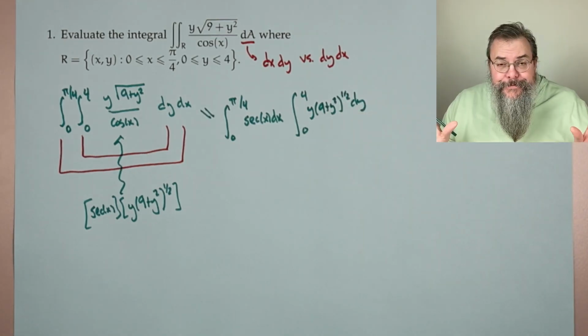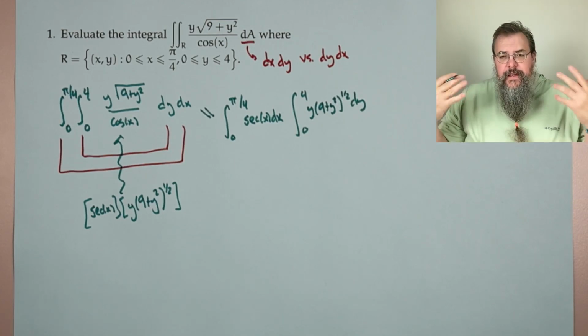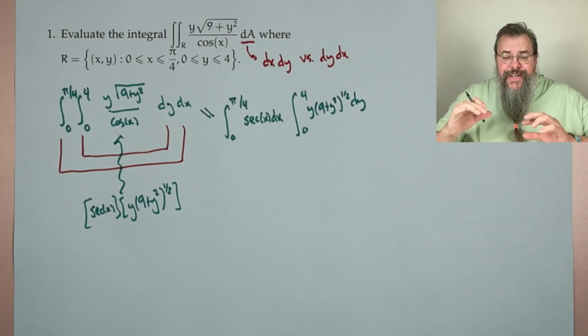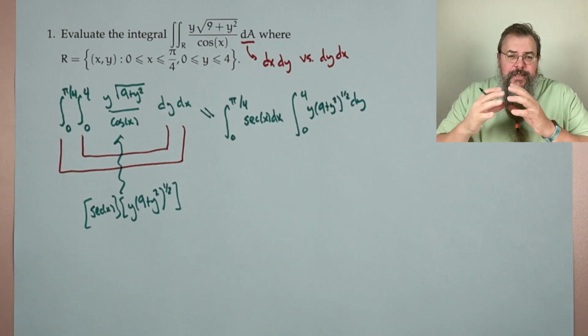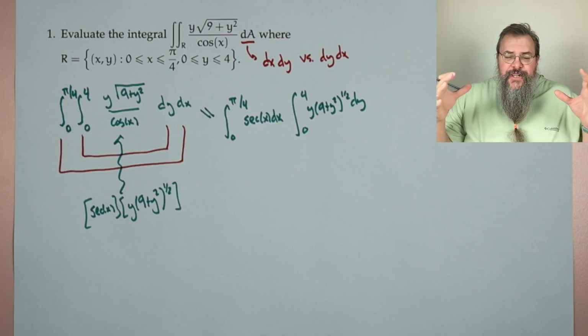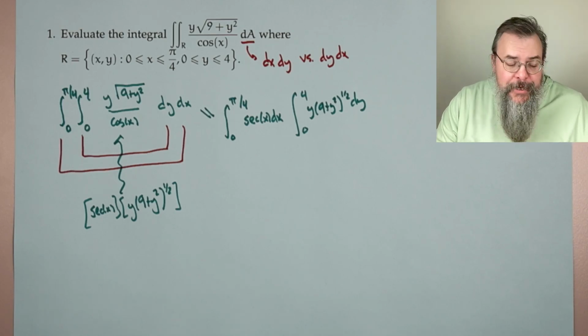You don't have to. You'll get the same answer if you just do one layer, evaluate, do a second layer, evaluate. And you have to make sure you're in the right setting. Okay, so again, function of x times function of y, so you can separate them out, rectangular region. So let's just finish it up from here.